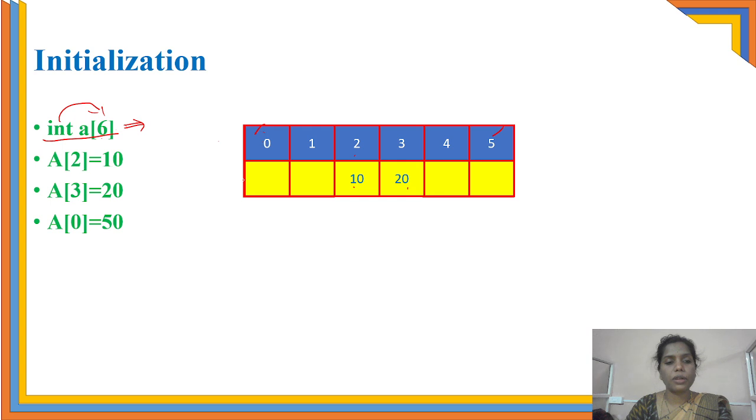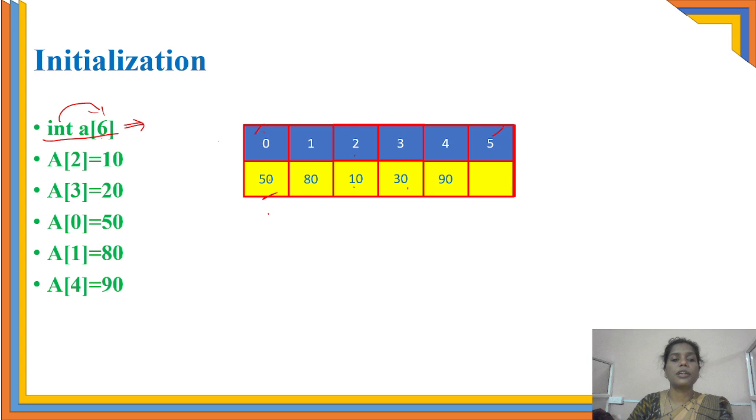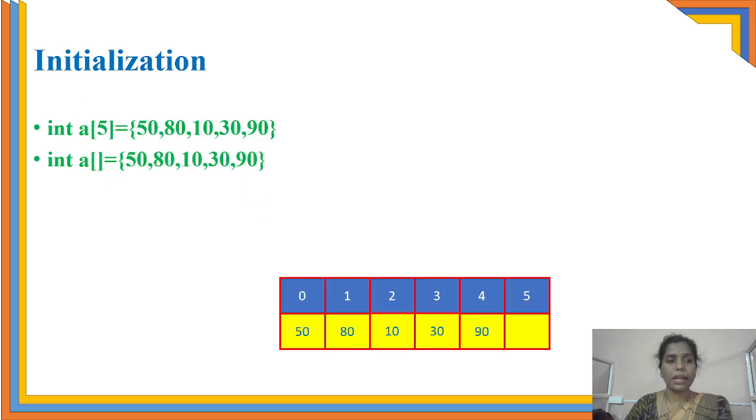Next, a of 0 equals 50. A of 1 equals 80. A of 4 equals 90. So this is the initialization. It can also be done like this: int a of 5 equals all the elements you can write. Or int a, no need to mention the size. By using the elements 1, 2, 3, 4, 5, it declares the size as 5. So the index will be 0 to 4.